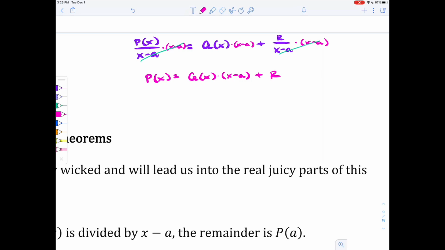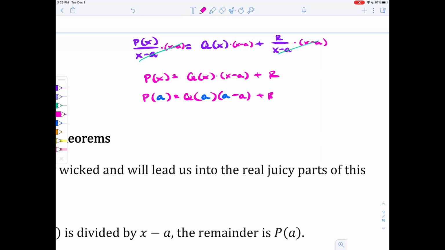When we have something like this, if we let x equal a, as we did below, then that's equal to q of a times a minus a, plus r. My bad. So I've just replaced all the x's with a's.